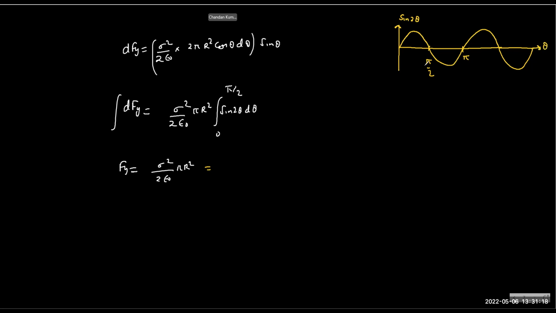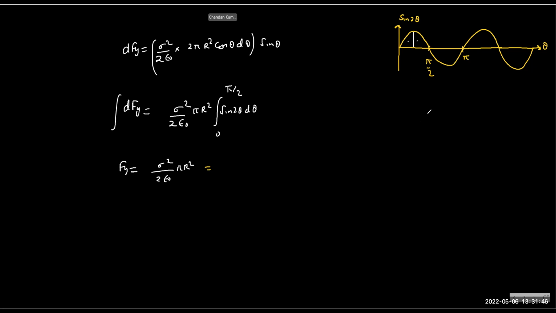And we are integrating from 0 to pi by 2, so we know that every quadrant is 1 unit. If I shrink sine 2 theta, the area will change, so I think this area will be half and half now.